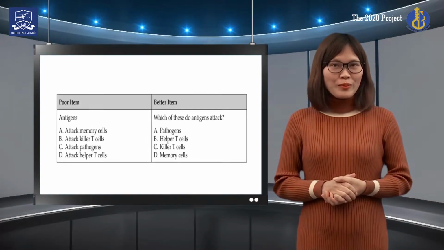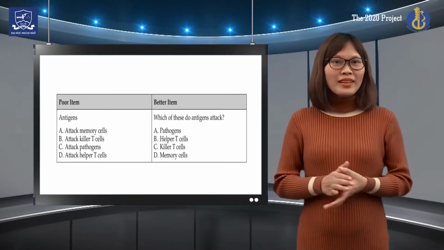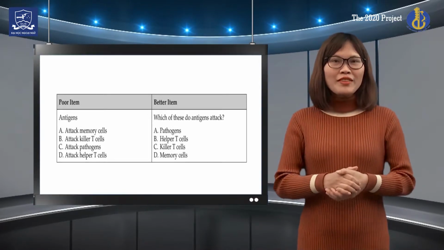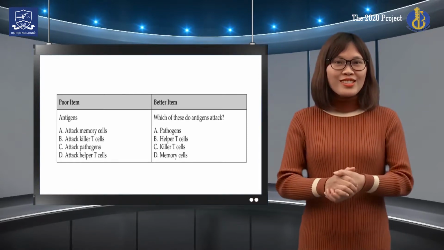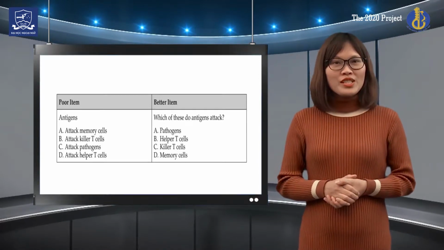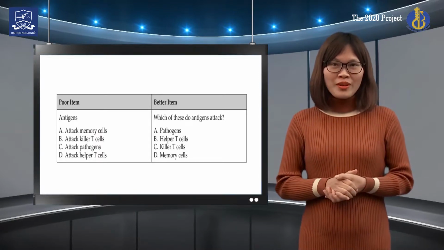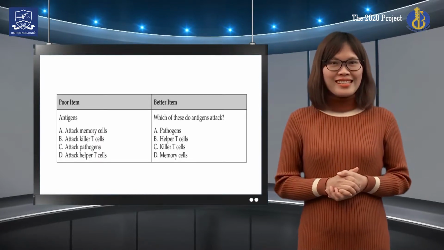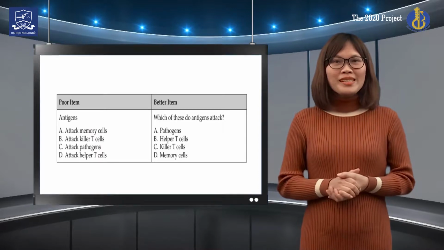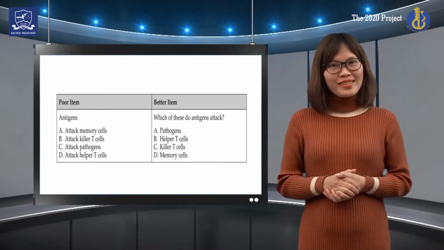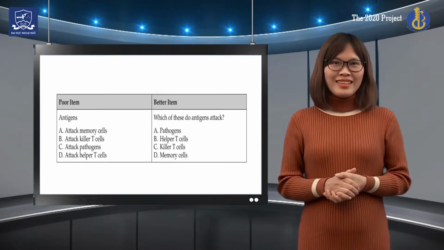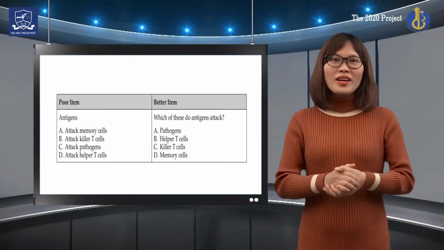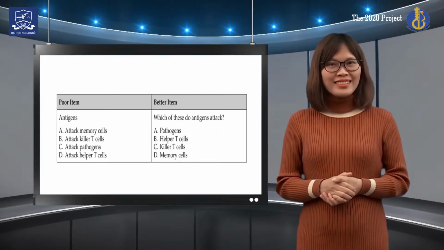Let's look at two examples. In the poor example, not enough information is provided. The student does not know what information he is supposed to think about related to antigens. The problem is made clear in the answer choices, rather than in the item stem. The question is asking what antigens attack.